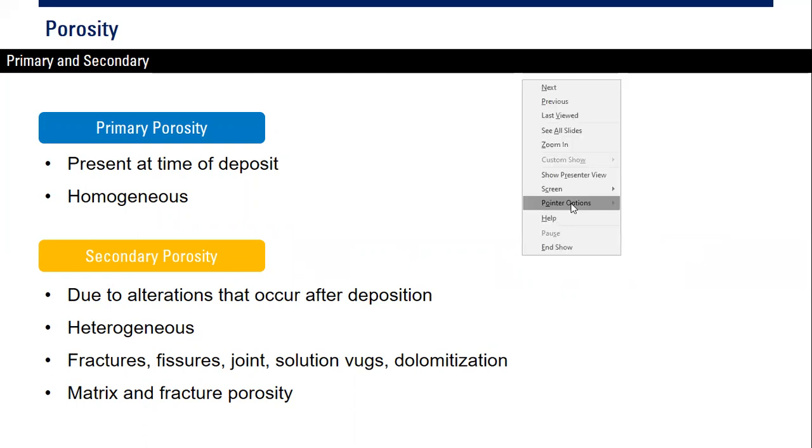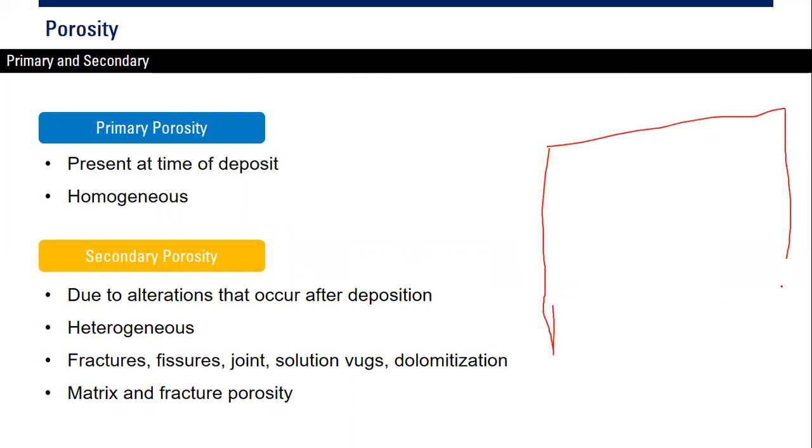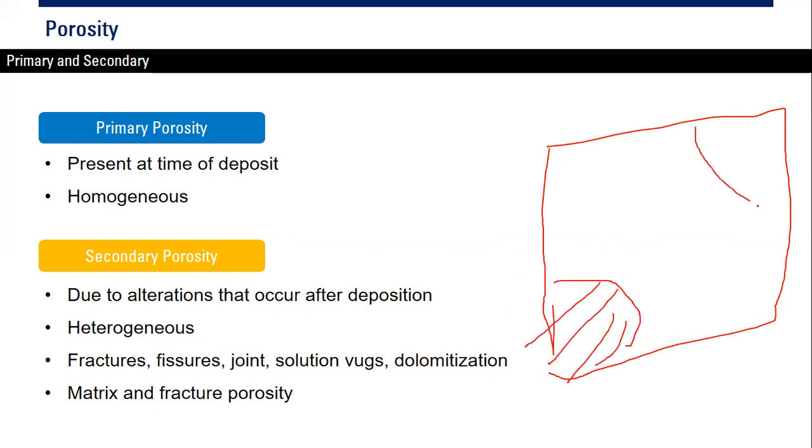For example, if you have reservoir here, and this reservoir suffers chemical process, geological process that will create secondary porosity, then the porosity in this zone can be different with the porosity in that zone. So this is zone 1, zone 2.